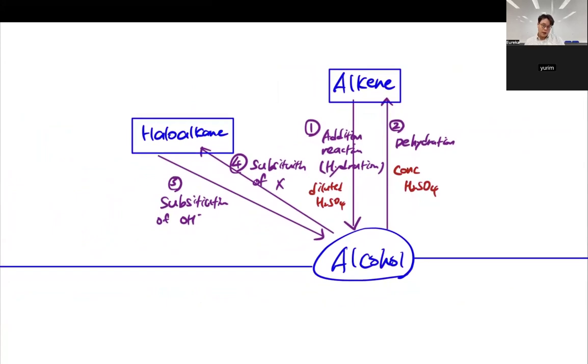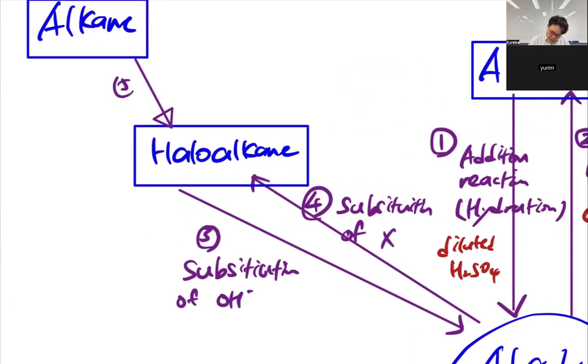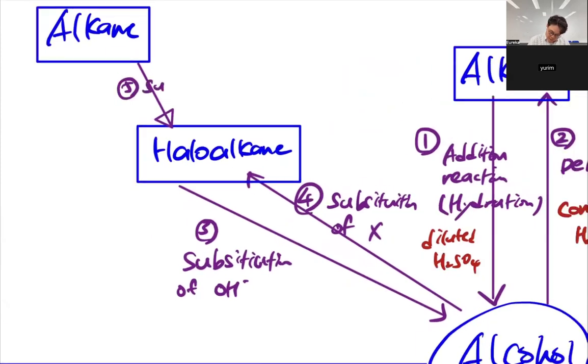One method is to use the alkane, just the pure alkane itself, and from here we can make it into haloalkane straight away, like this. This is also known as the substitution reaction. So number 5, substitution.